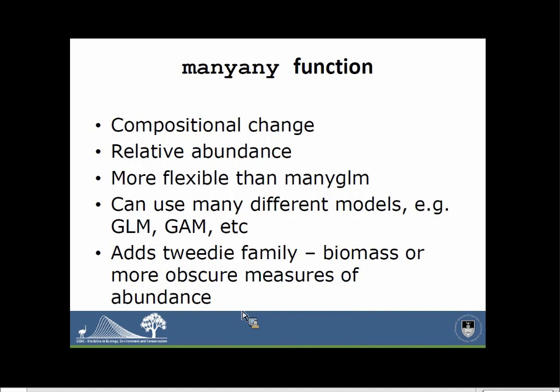I've seen them use it on a coral reef, where they used the number of centimeters in a 10-meter transect that touches a particular species. So there are different measures of abundance that you can use with this manyany function.